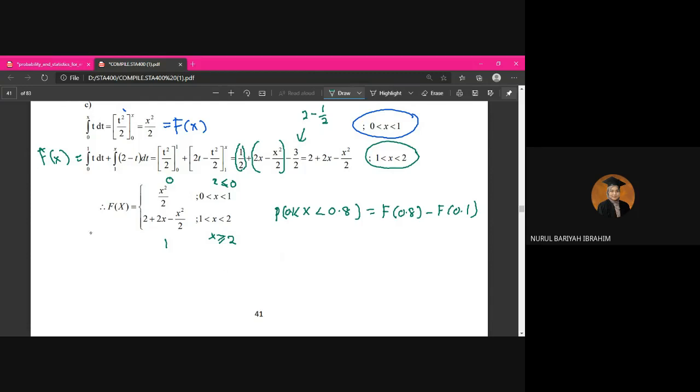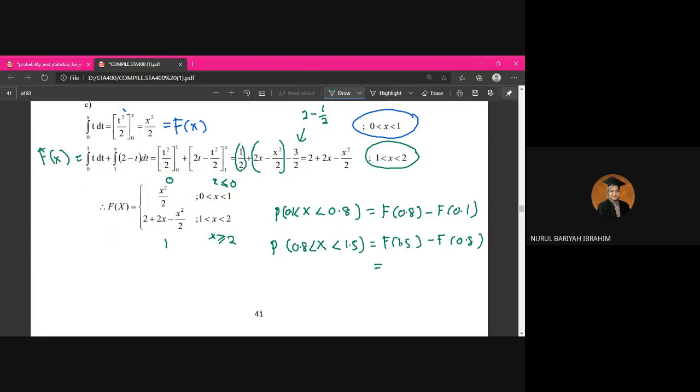Okay, let's say kalau you nak cari probability of x from 0.8 until 1.5 contohnya. So what you need to do is F 1.5 minus F 0.8, right? So how to find F 1.5?